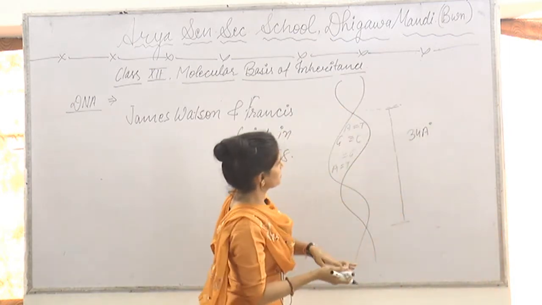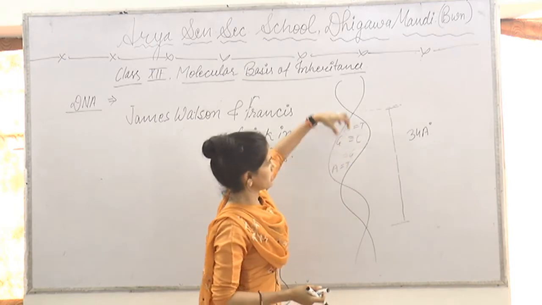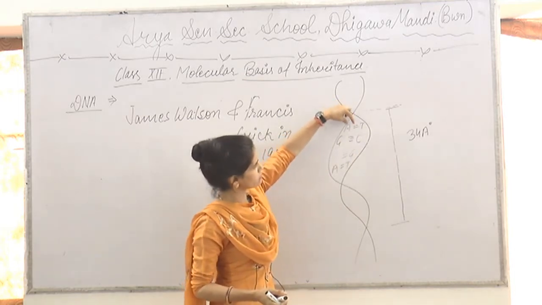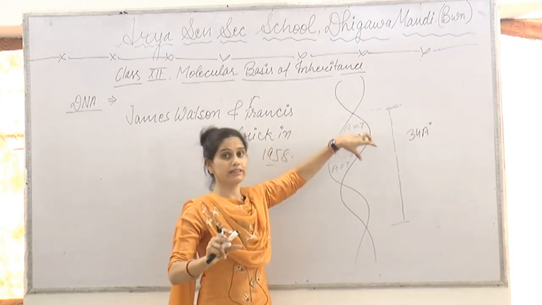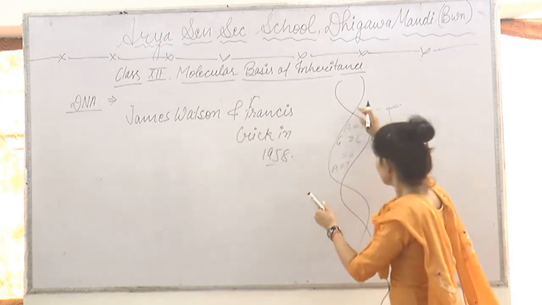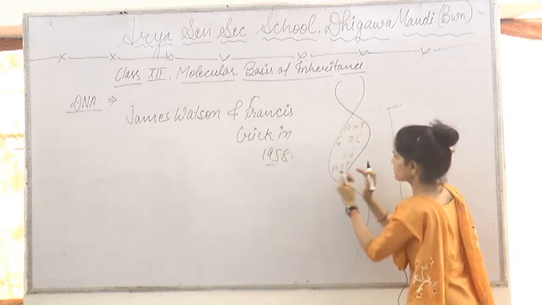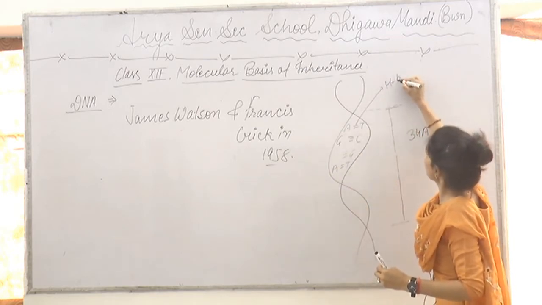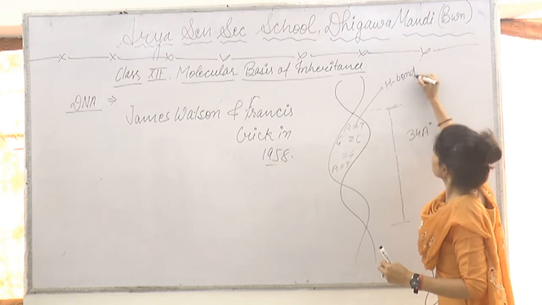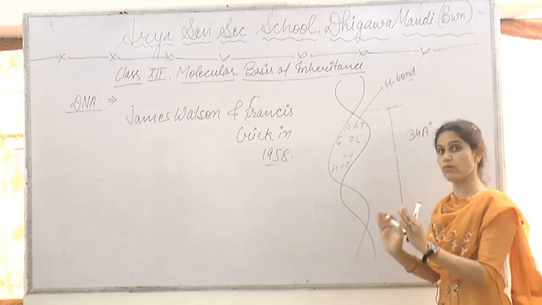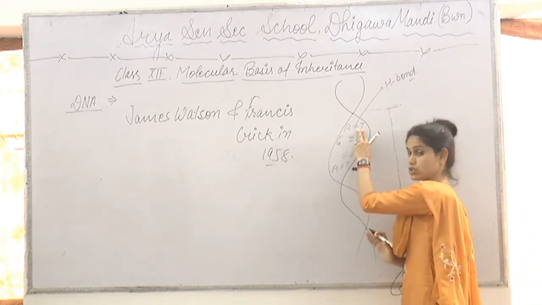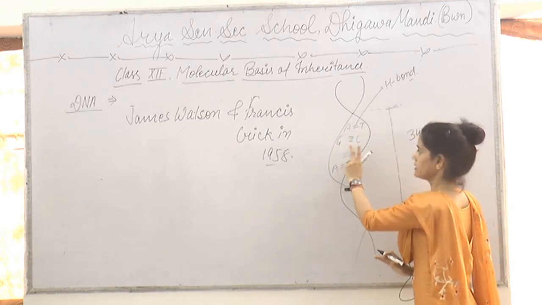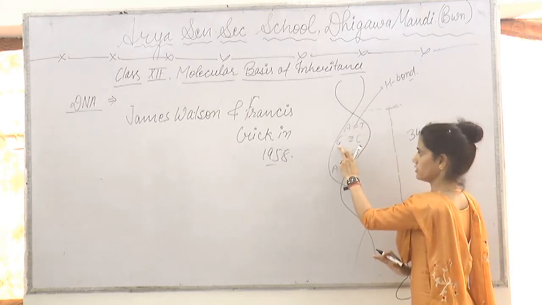This is the central part of the DNA according to the Watson and Crick model, and it shows that nitrogenous bases are located at the center, and both the strands are joined together by hydrogen bonds. This bond is a hydrogen bond. These hydrogen bonds are 2 in number in the case of adenine and thymine, and 3 in guanine and cytosine.